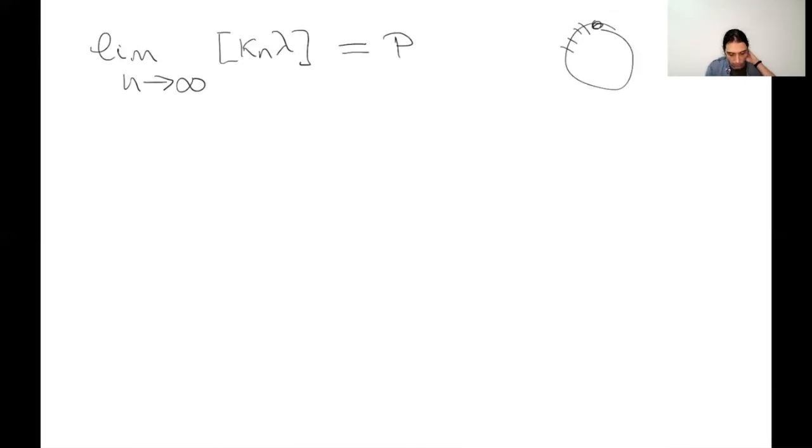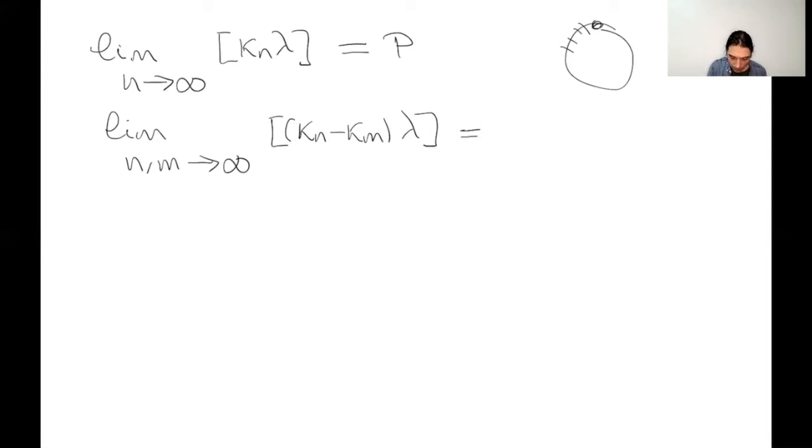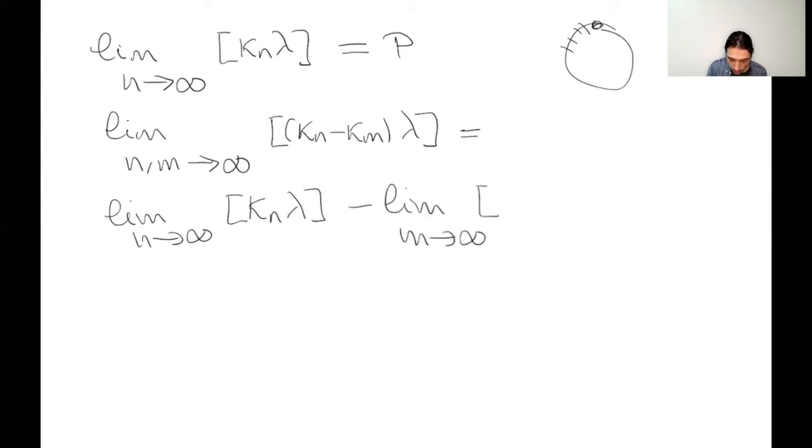But what we can actually realize is that if n and m both converge to infinity, and we consider the limit of these classes, this is going to be the limit when n goes to infinity of the class of kn times lambda, minus the limit when m tends to infinity of the class of km times lambda, that's p minus p, which is the class of 0.